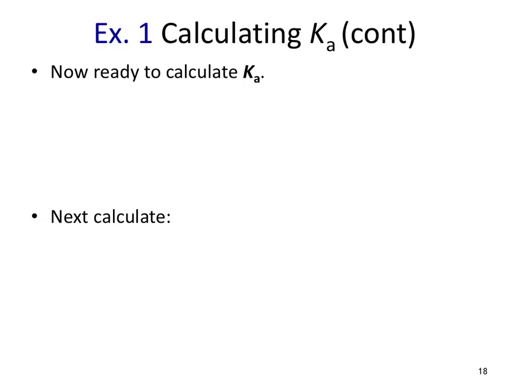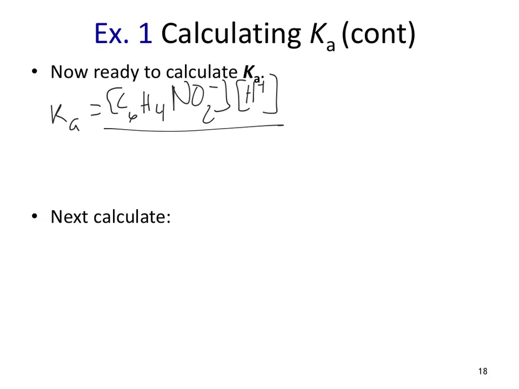So Ka is our concentration of C6H4NO2 minus times our concentration of H plus divided by the concentration of the acid, HC6H4NO2.